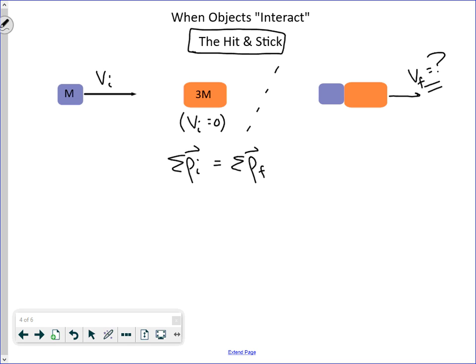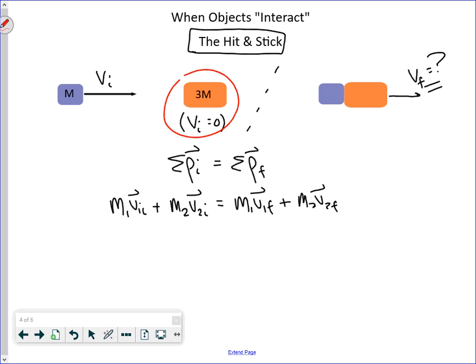I usually jump right to here. Here's the first one's initial momentum. Here's the second one's initial momentum. Here's the first one's final. Here's the second one's final. And then we get to say, what do we know? What might we get rid of? Oh, look, yes. Bye-bye.